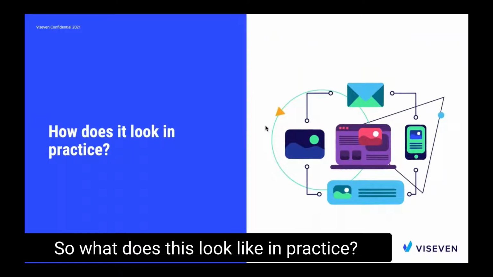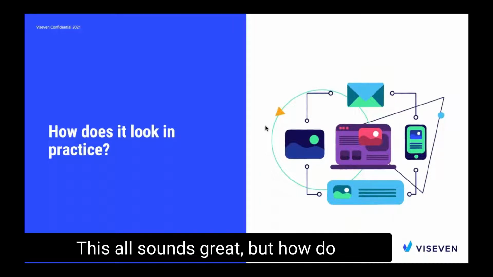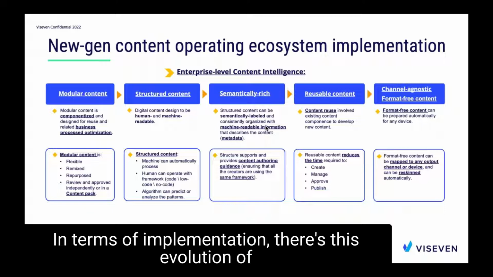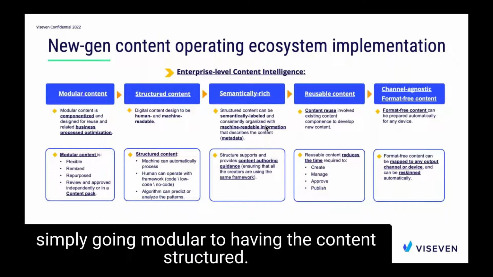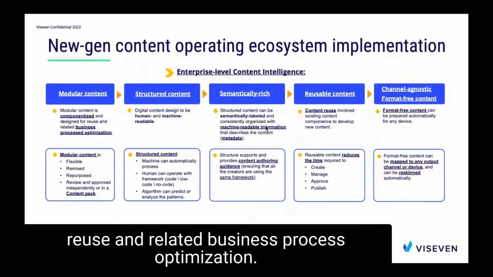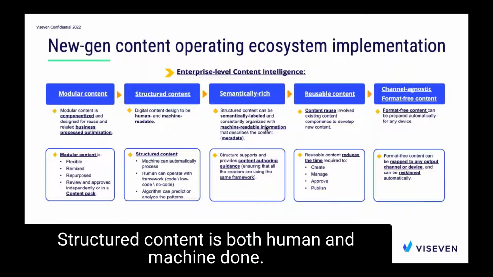So how does this look in practice? This all sounds great, but how do we actually put this into practice, right? In terms of implementation, there's this evolution from simply going modular to having the content structured. Modular content is componentized and designed for reuse and related business process optimization. Structured content is both human and machine readable.